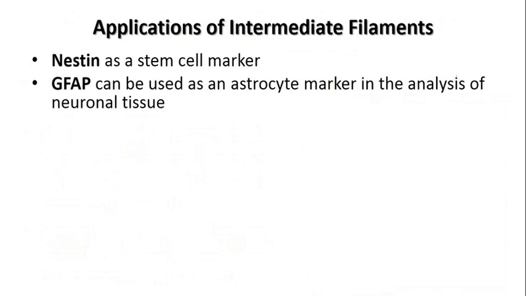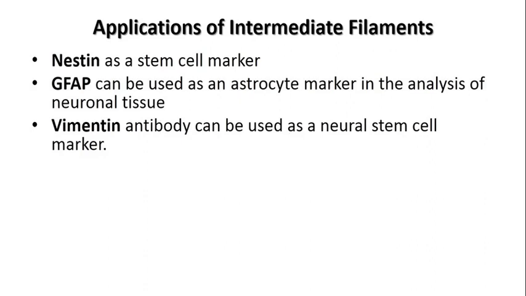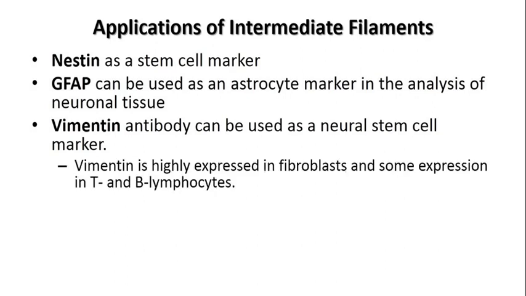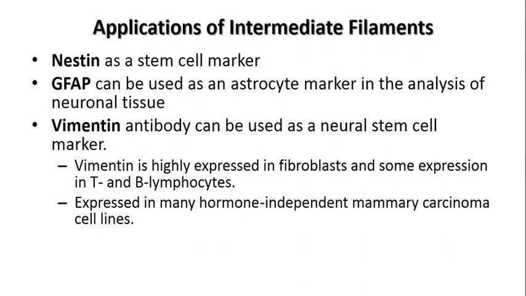Now, what are the applications of intermediate filaments? Nestin is a stem cell marker. GFAP, glial fibrillary acidic protein, can be used as an astrocyte marker in analysis of neuronal tissues. Vimentin, very important, is an antibody that can be used as a neural stem cell marker. Vimentin is highly expressed in fibroblasts, and some expression is also found in T and B lymphocytes.